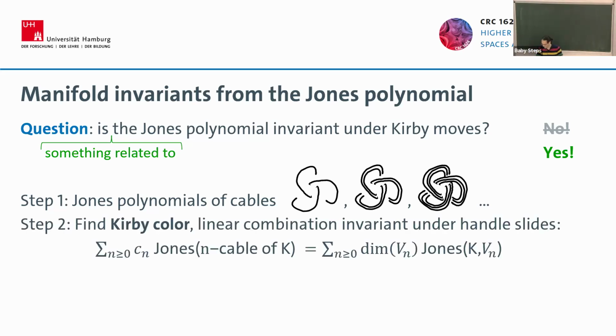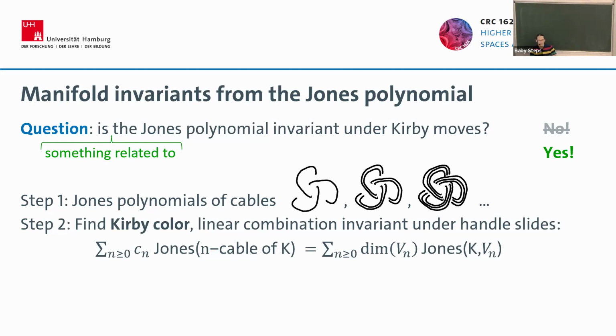Okay. Now, in our collection of link invariants, which has now substantially increased, we can ask, is there a linear combination of such Jones polynomials that will be invariant on the handle slides? So it will be invariant under the second Kirby move. And the answer is yes.